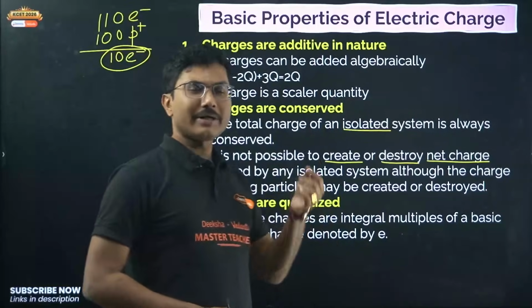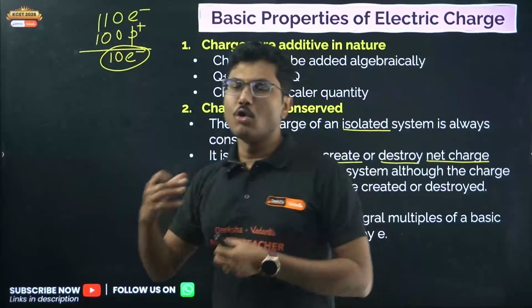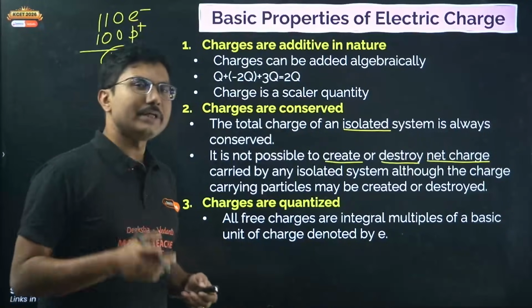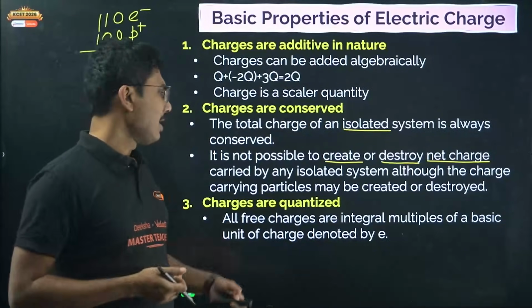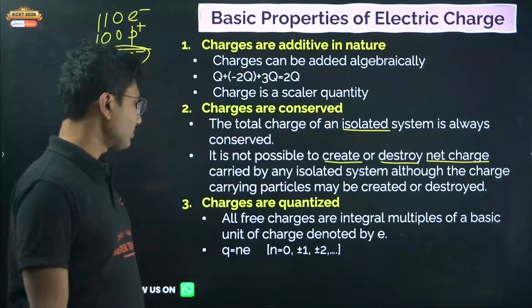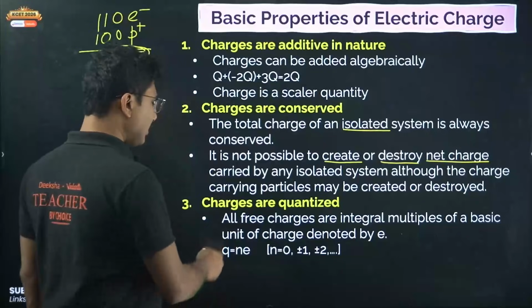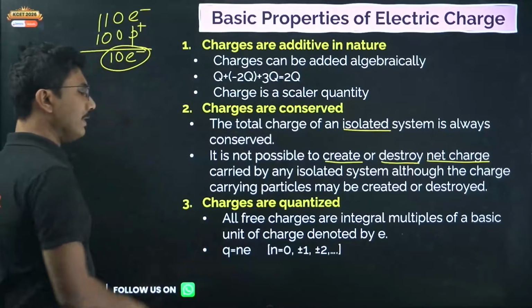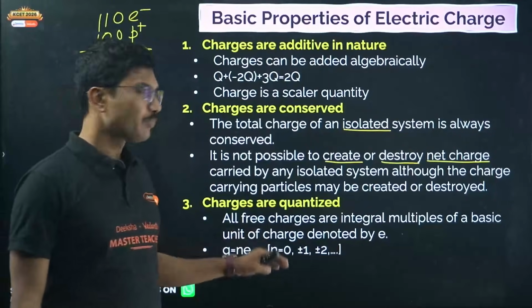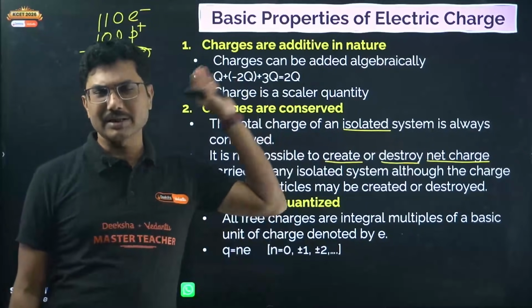So the electron cannot be broken into smaller parts. Electron can always exist as a whole number. That's why charge always exists in integer multiples of e, and that is final. We sometimes write any given charge q equals n times e. n can be 0, n can be plus or minus 1, plus or minus 2, plus or minus 1000.